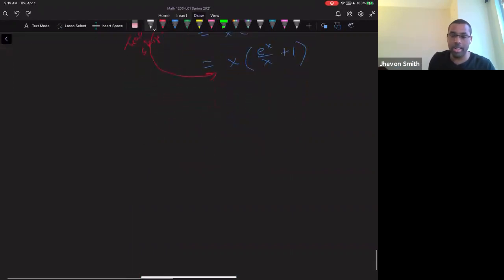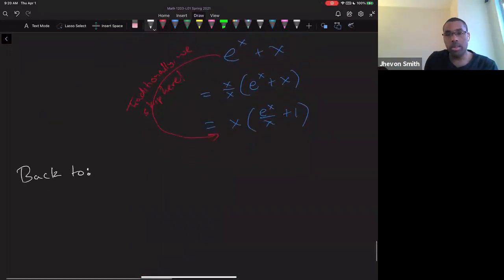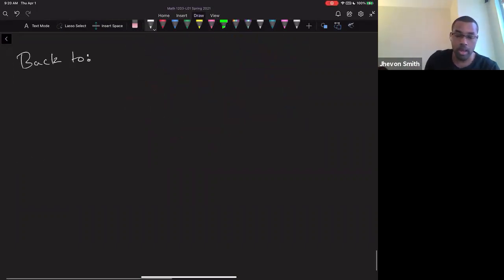Okay, so that was a very long detour, just to introduce the trick that I was going to use here. The trick is to factor. Once I can factor, I get it as a product. Once I have it as a product, I can change it to a division. Once I have a division, there's hope for L'Hopital's rule if it's a 0 over 0, infinity over infinity indeterminate form.